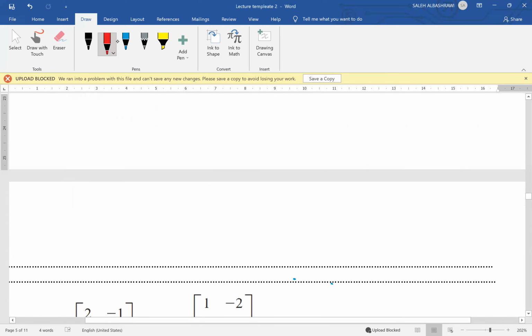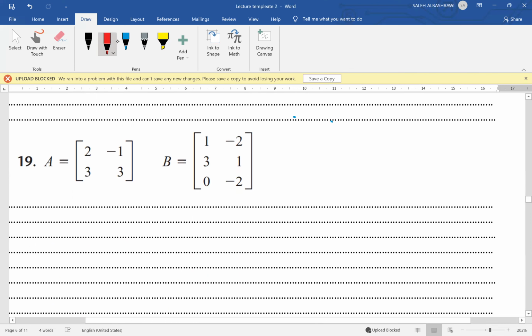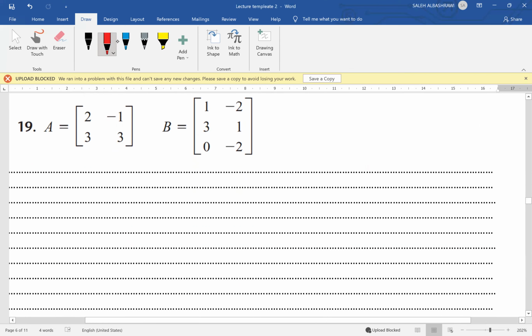One more example. For that, we have these two matrices, A and B. I need to find A times B and B times A. Now the size of A is 2 by 2. The size of B is 3 by 2.